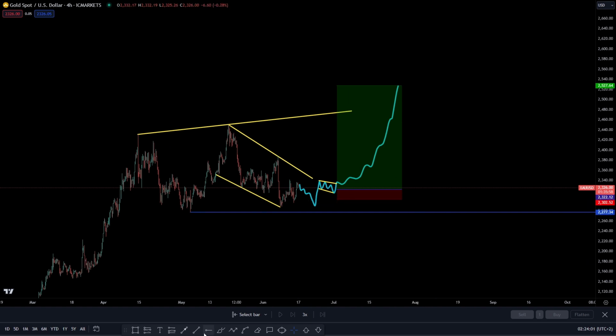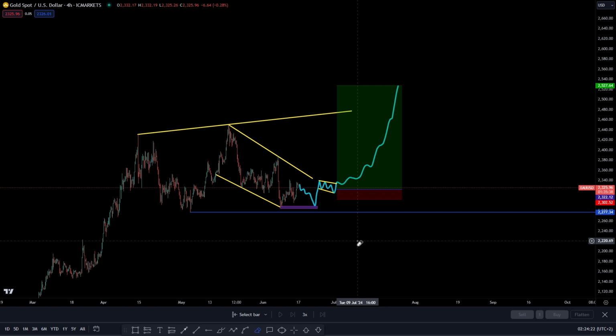You can even say this will become a double bottom where the market pushes down and then it gives us our double bottom. It pushes up, it gives us our correction, and then I will buy.